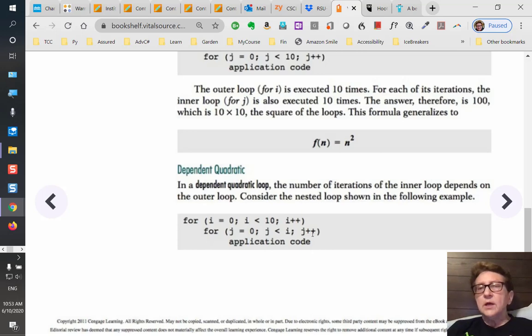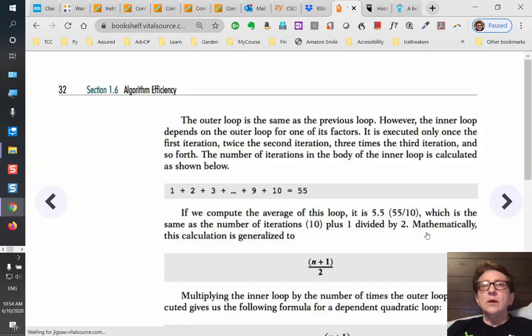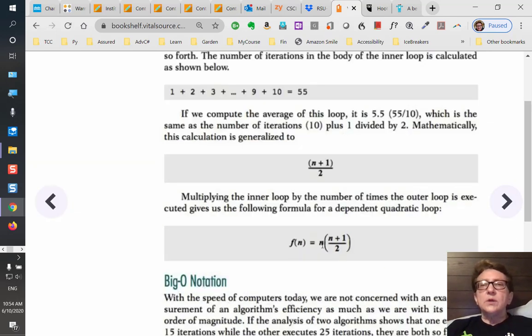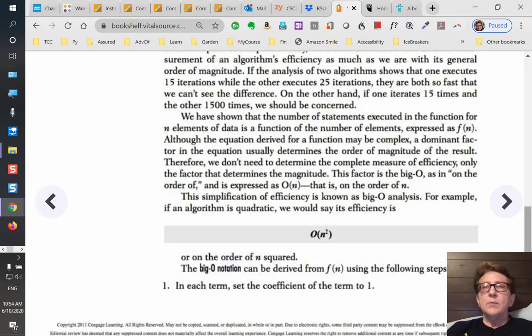So the very last time, it'll be one short of 10, it'll really go through 9. So it's not going to be n squared, it'll be something less than that. So we'd end up with something like n times n plus 1 over 2. The largest term in that, though, is going to be n squared, as we'll see in a minute.